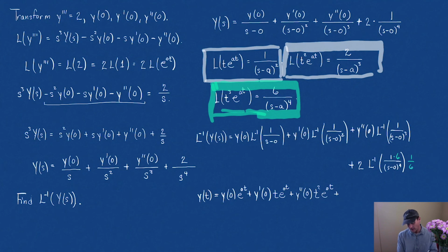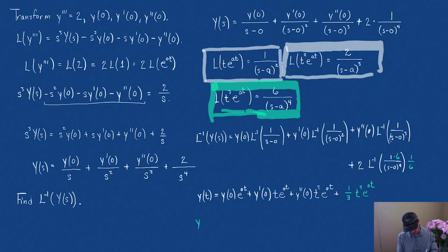And remember, the Laplace and the inverse Laplace are both linear operators, and so we can move a number in and out of the transform. It's just the s that has to stay inside. So this is really 1/3 times t cubed e to the 0t. And I got the 1/3 from 2 times 1/6.